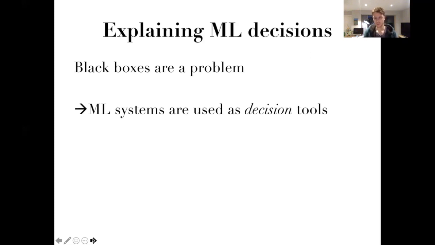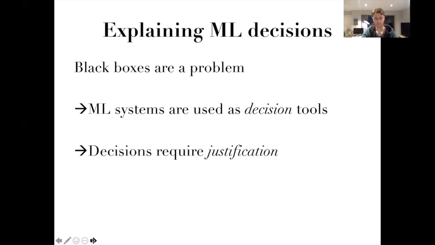Now, these decisions obviously still involve predictions, but the predictions are now informing more ethically consequential and high stakes decision making. So we've got to be able to justify these decisions to the people affected by them. Thus enters the explainable AI movement, which is the attempt to render these advanced machine learning systems more transparent.